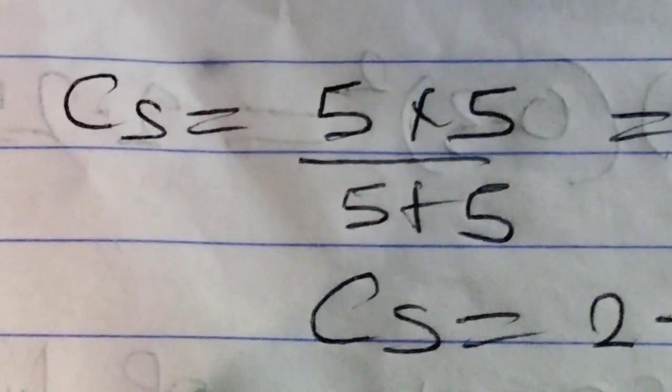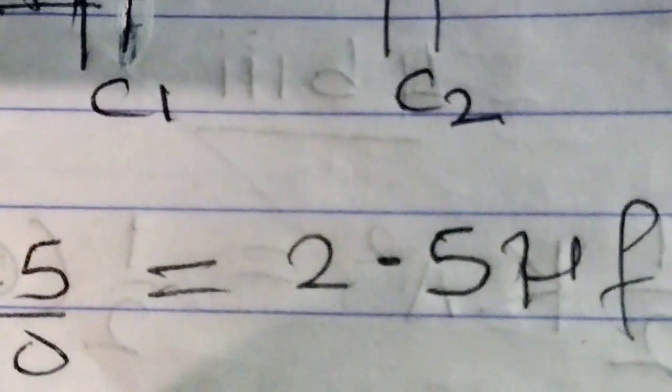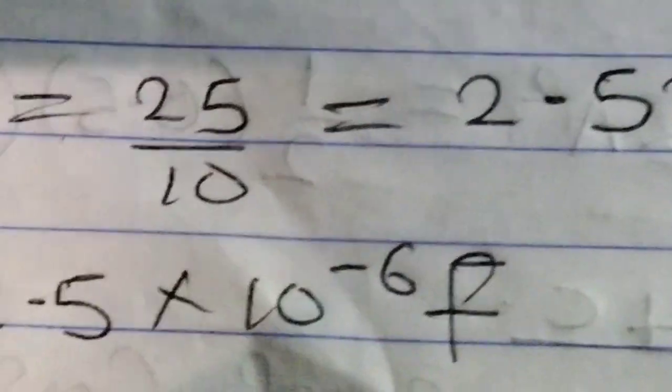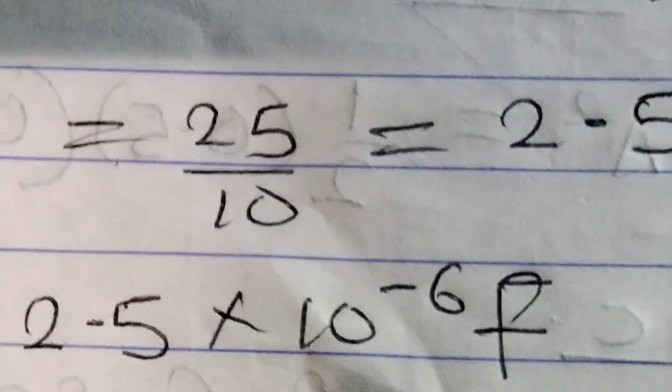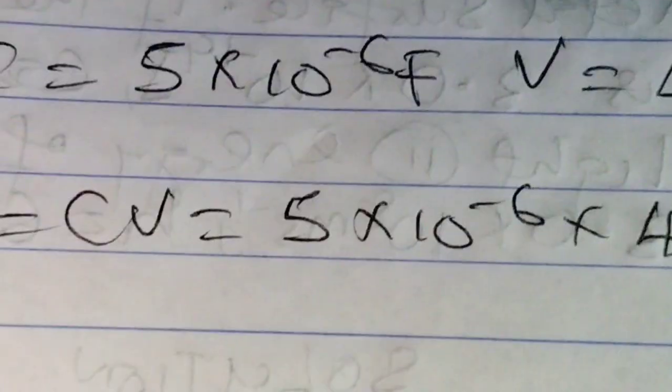That is 5 times 5 all over 5 plus 5. That gives you 25 over 10, 2.5 microfarad, or in SI unit, 2.5 times 10 power minus 6 farad. So that is the total capacitance of the system.